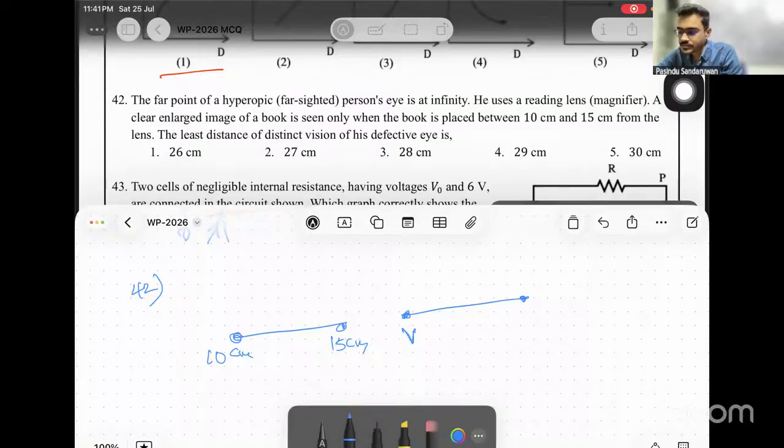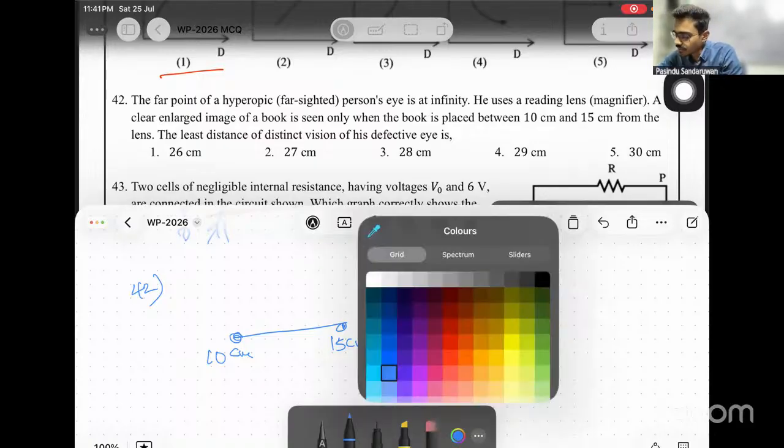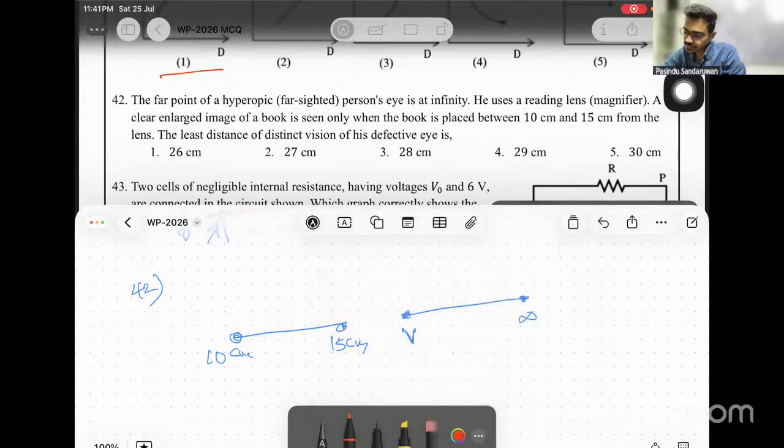Let's say that is V, and we know the far point. He has farsightedness, which means he can see infinity. Far point is infinity. Using the lens, the near point of this range is taken to the near point of the person, and the far point of the range is taken to the far point of the person. So basically, that is what is done.